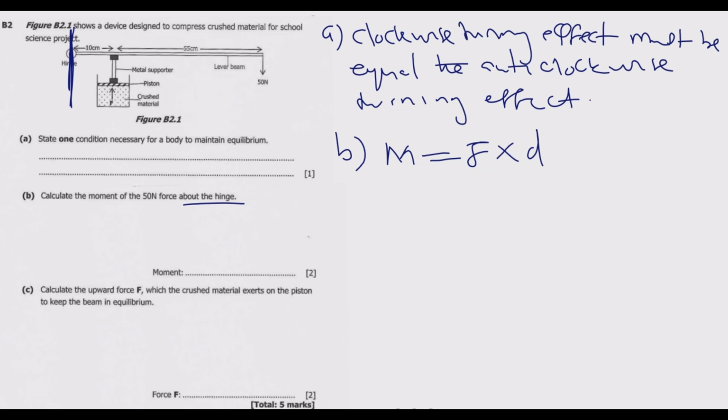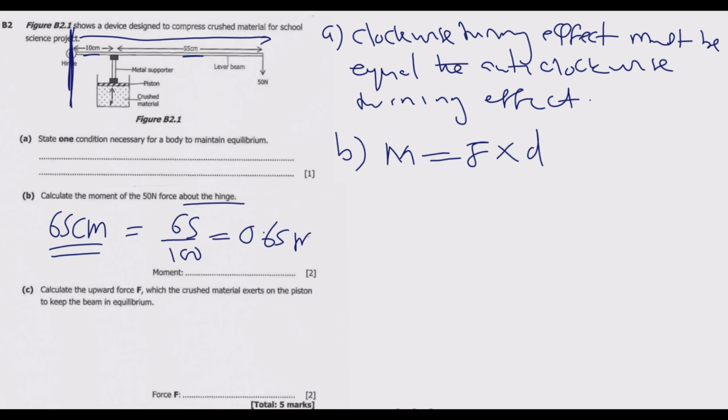So from the pivot, this is the distance, which is 65 centimeter, which is 10 plus 55. Now this centimeter should be converted to meters. Remember, distance is in meters. Now in 1 meter we have 100 centimeter. So to find this in meters, we just divide 65 by 100, we end up with 0.65 meters.